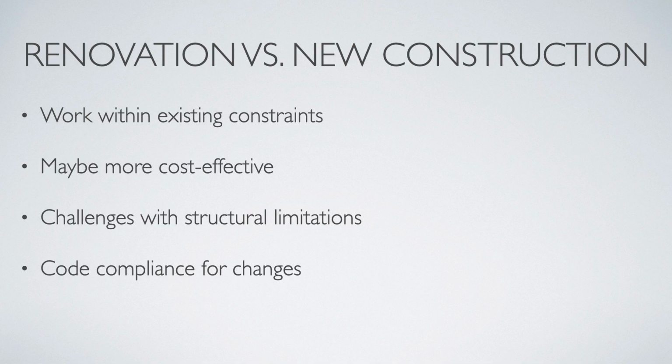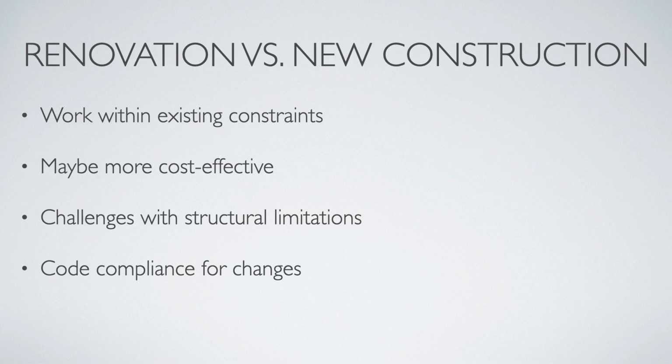We also have to decide if we're going to make renovations or make new constructions when we're looking at a building. Do we work within existing constraints? Maybe it's more cost effective to demolish a building and build a new one or move somewhere else. Challenges with structural limitations and code compliances for changes.